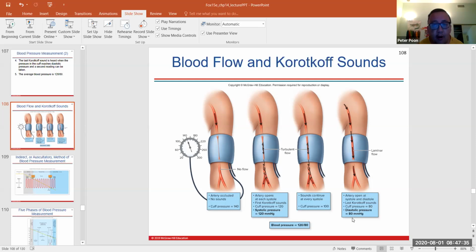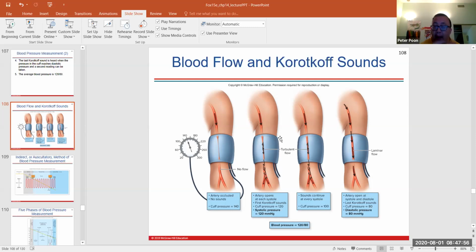Okay, so what you're listening for when you're listening for blood pressure is turbulence, really. You shut off the artery here where there's no blood flow, and then when you start to hear sounds, the sounds of Korotkoff, they're going to be turbulence.